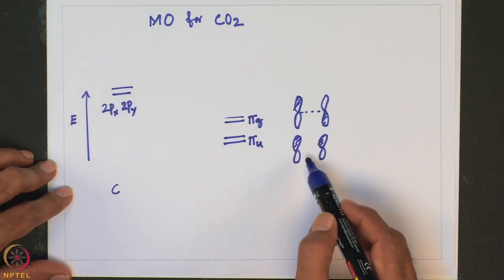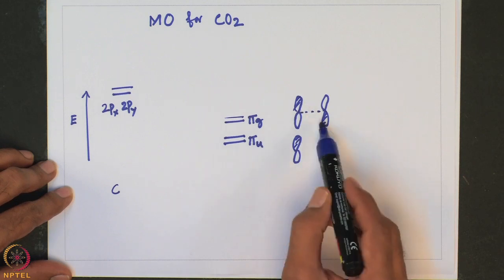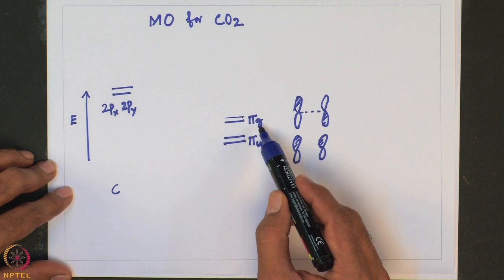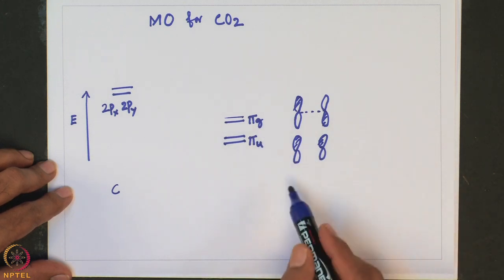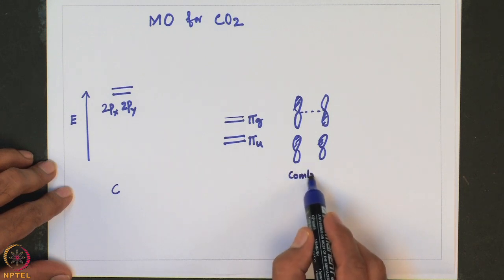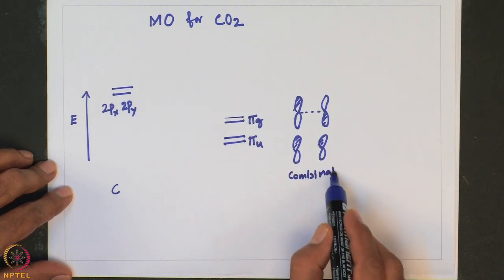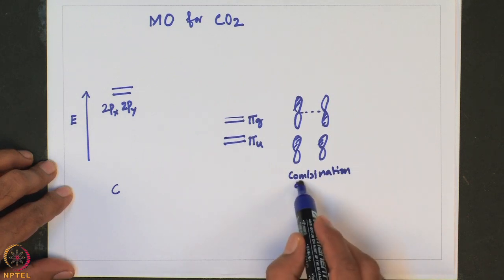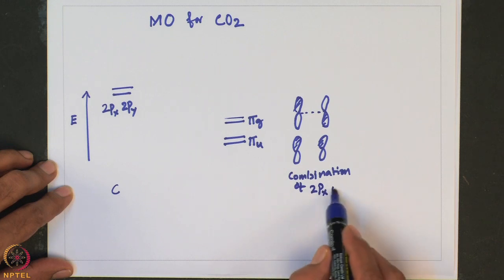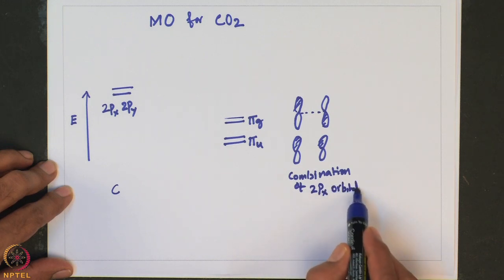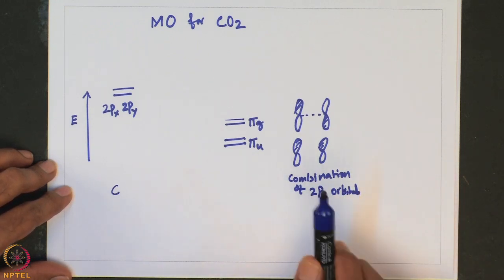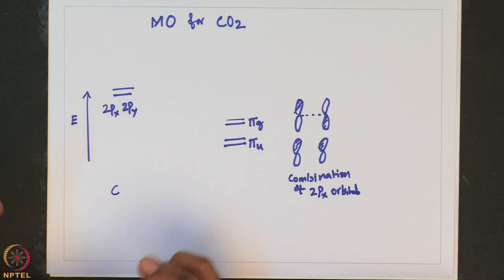So, bonding is gerade, whereas anti-bonding is ungerade. That is the reason this subscript is coming here, and this is the combination of two px orbitals. Similarly, I will write the combination of 2py orbitals. I have omitted pz because pz is involved in making the sigma bond.